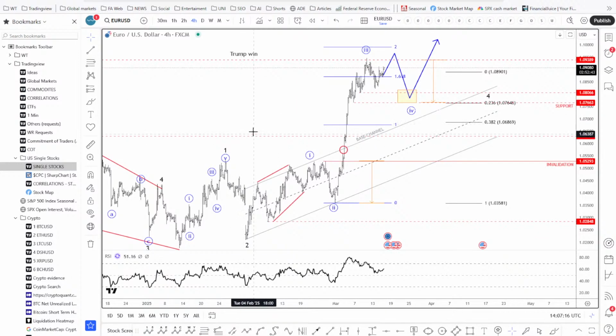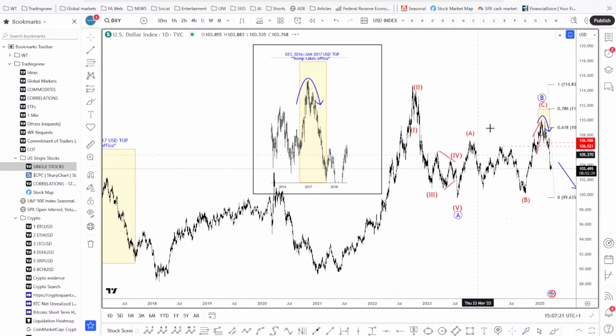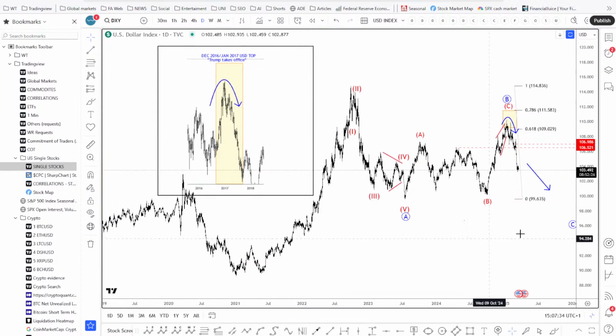Okay, now looking at dollar index, as you know, we got a very nice reversal since January. We compared this year's price action with the one from 2016 to 2017, when we also have seen this reversal when Trump took office.